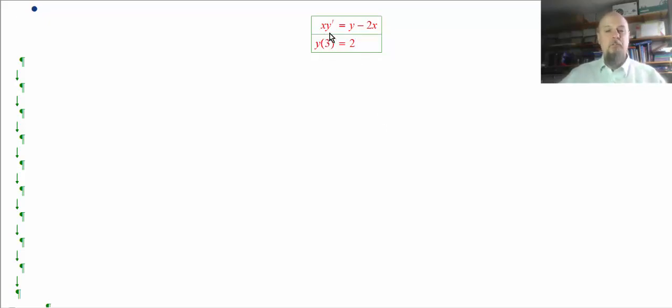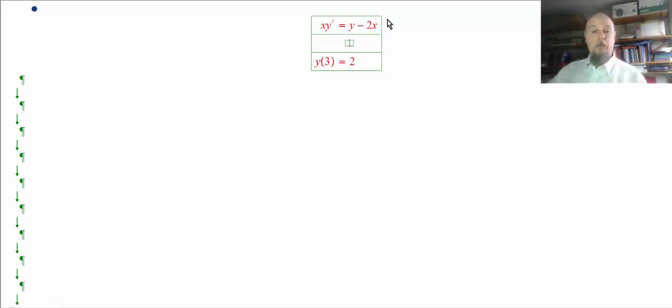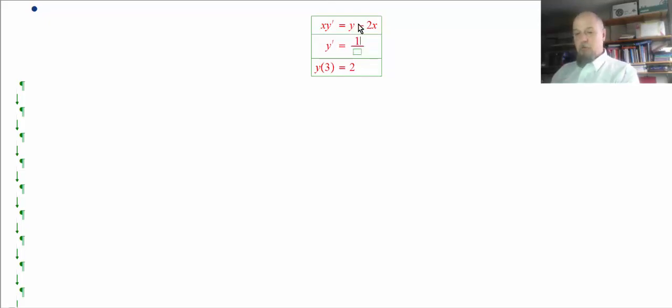So let's look at this differential equation. xy prime equals, it's first order, and it is linear, but it's not in the right form. The main reason is it's supposed to be y prime, not with this x. So the first thing I'm going to need to do is divide that x out.